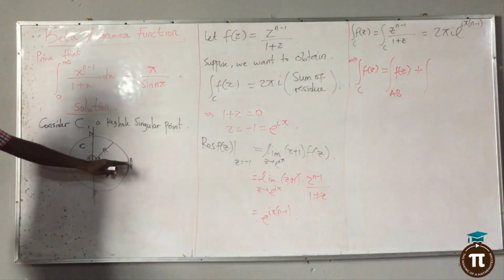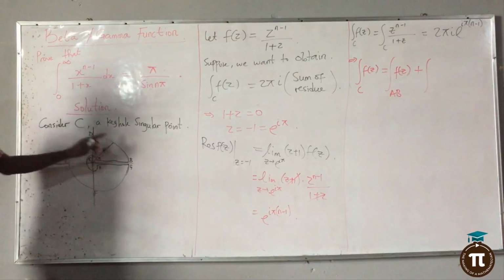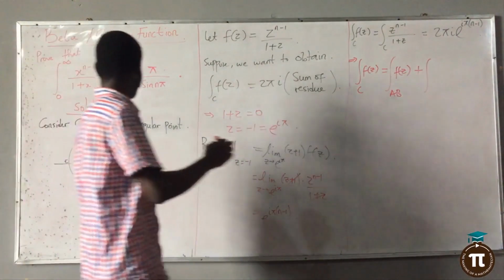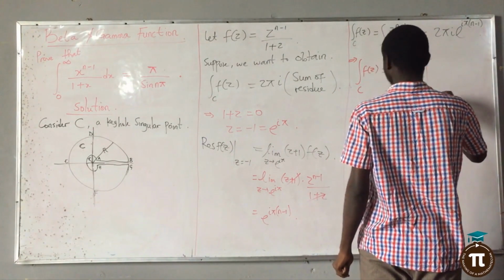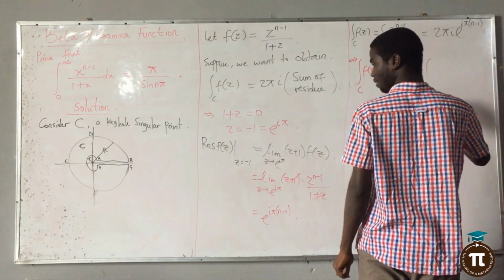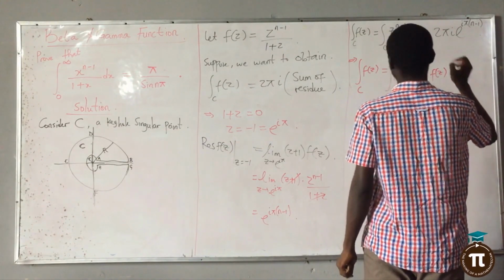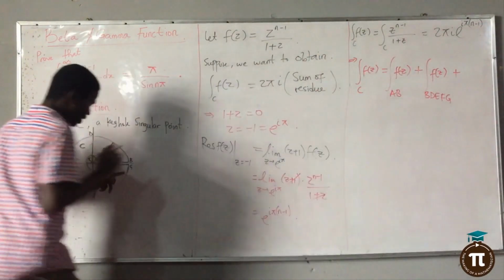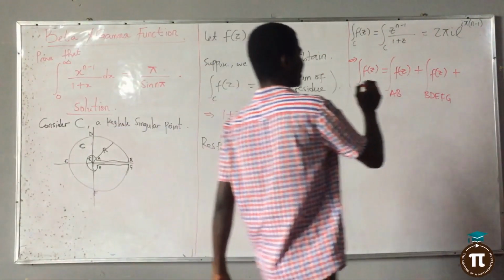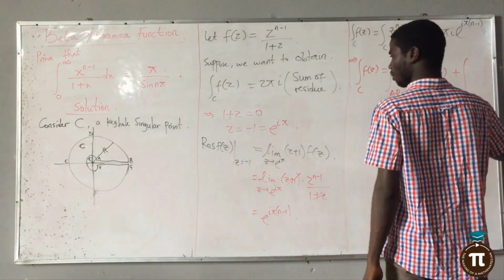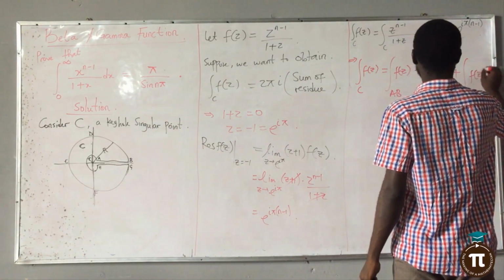Then I have B, D, E, F, G throughout the curve, of f of z, plus then I have again G to H, plus integral of GH of f of z.